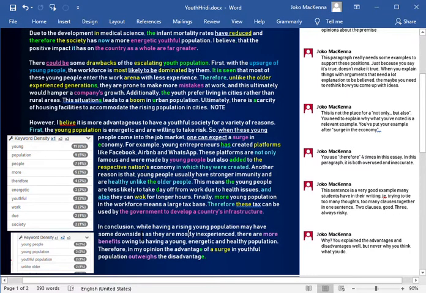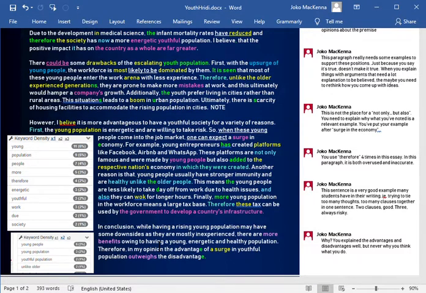Okay, in conclusion, we have an adverb. While having a young population may have some downsides. Okay, that's one clause. As they are mostly inexperienced. That's another clause. There are more benefits. Another clause. Owing to having a young, energetic, and healthy population. 4 clauses. That's too many.